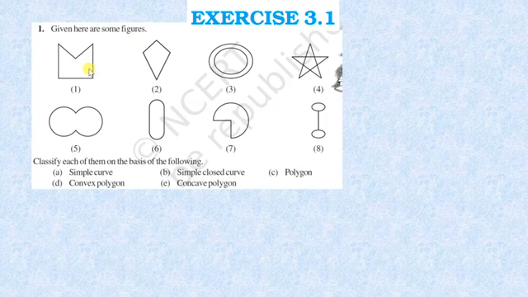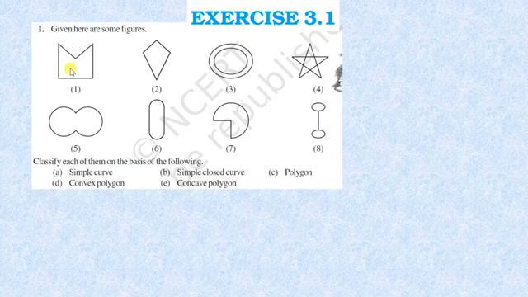Now let us identify the type of curves in these figures. Here we have a few figures. We have to identify the simple curves from them. Simple curve means the curve which is not crossing itself.